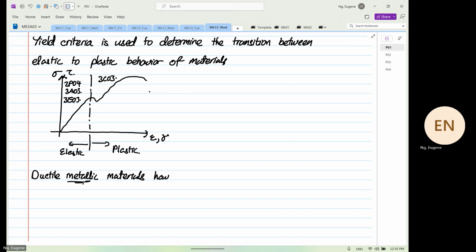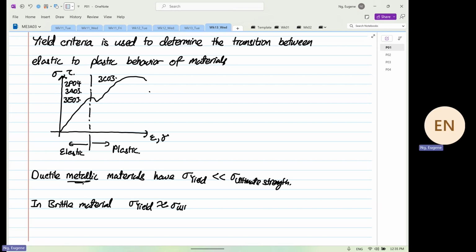Ductile materials have a yield stress smaller than the ultimate strength, okay? Whereas for brittle material, the yield stress is approximately equal to the ultimate strength. Okay.